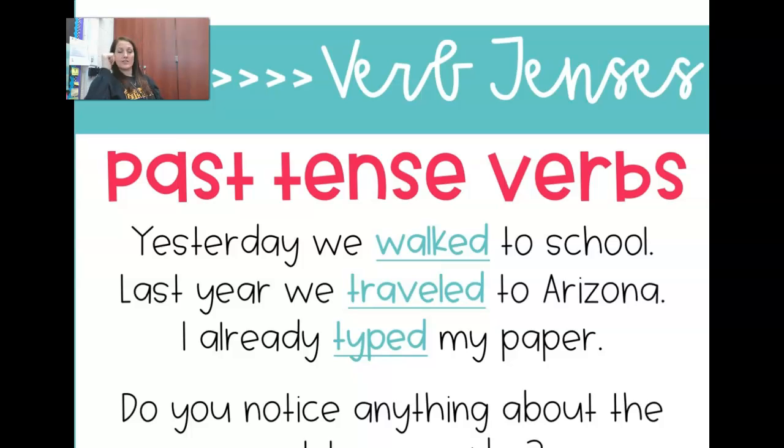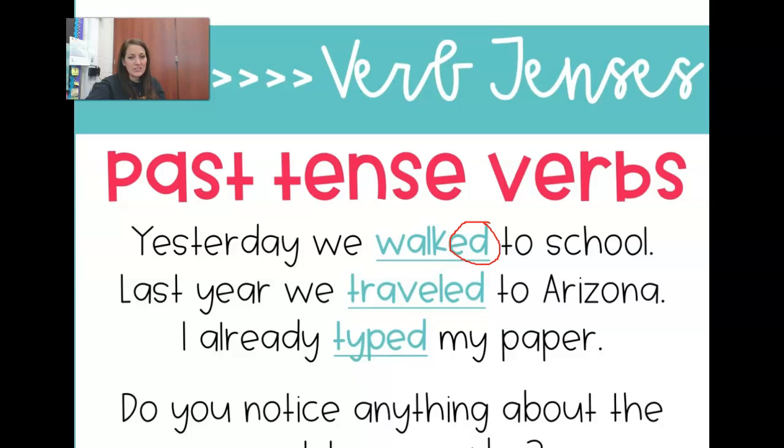Yesterday we walked to school. We already did that. Last year we traveled to Arizona. We already did that. I already typed my paper. I already did that. So do you notice anything about those verbs that stands out to you? You should. They all end with ed. So because they all end with ed, that makes them past tense.